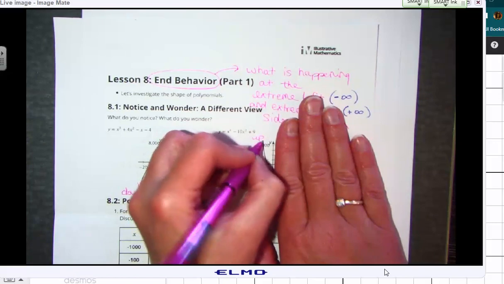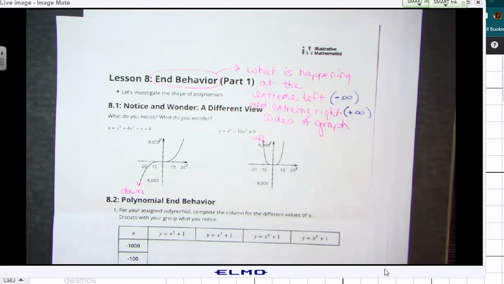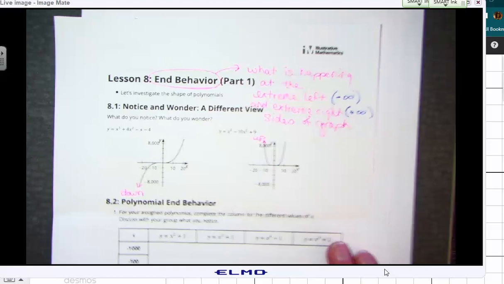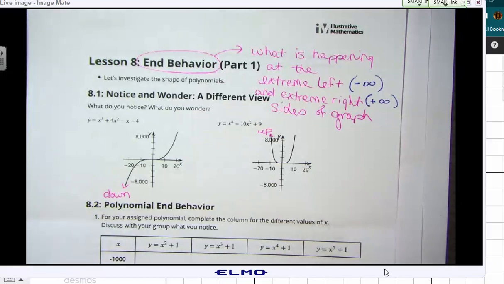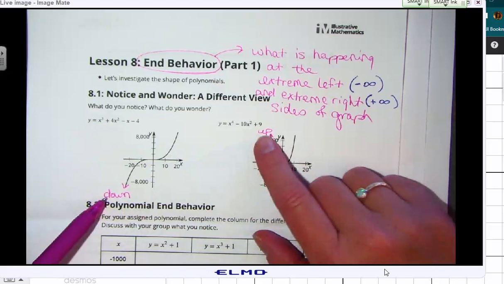Now, there are other kinds of functions that have other kinds of end behavior, things that are going to get closer and closer to a certain value. In fact, we'll see some of those coming up shortly later in this unit. But for right now, our only possibilities are going down and up.